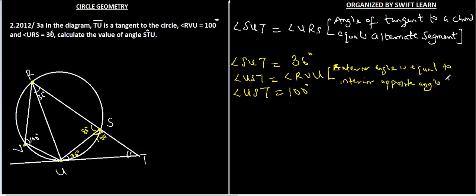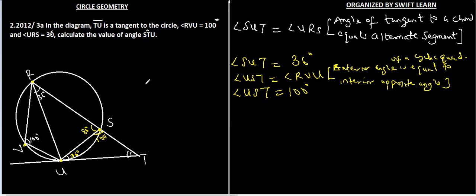You can always tell me that what I wrote is not complete. Exterior angle of a cyclic quadrilateral, or quad, is equal to what? The opposite interior angle. Have you seen that this is the exterior, this is the opposite interior? So it is 100.